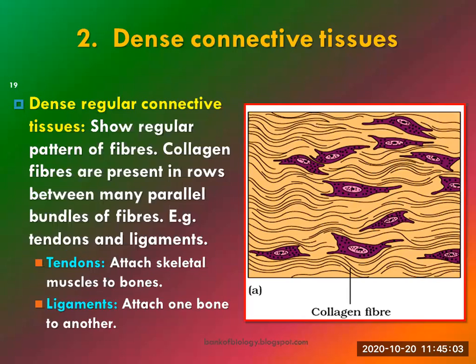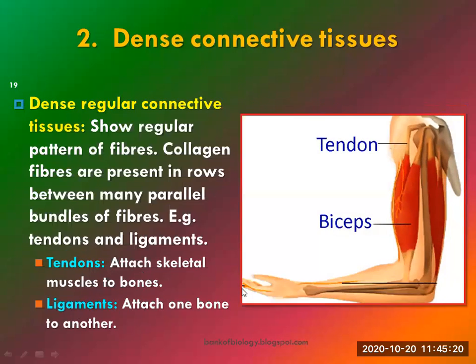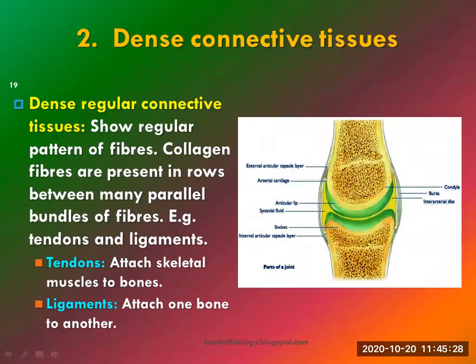What are tendons? Tendons attach the skeletal muscle to the bones. Attachment of the skeletal muscle to the bone is a tendon. One bone is connected to another bone with the help of ligaments. Here it is: tendon connecting the bone to the muscle, ligaments connecting the bone to the bone.